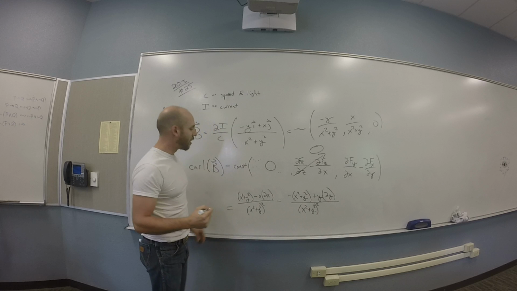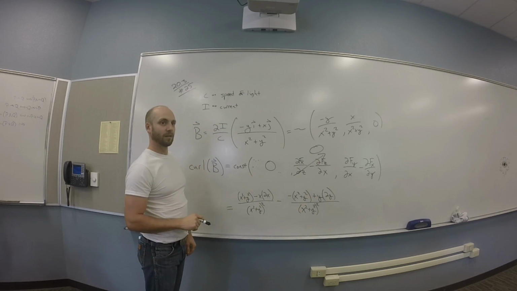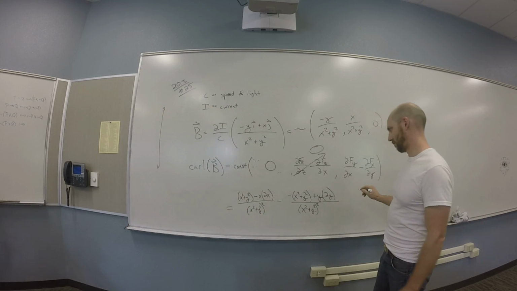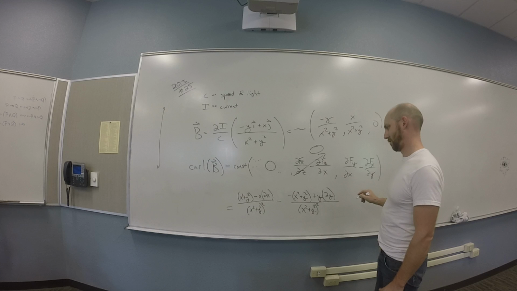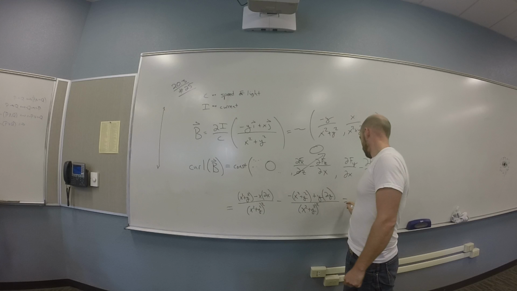And really all I'm interested in is whether this stuff is going to cancel, right? It does cancel out, doesn't it? The first part does. You get 2x squared plus 2y squared minus 2x squared, minus 2y squared.